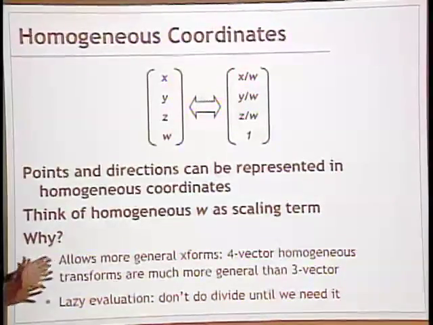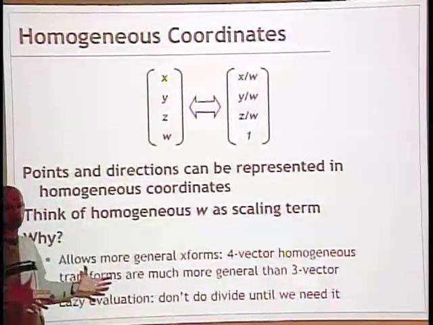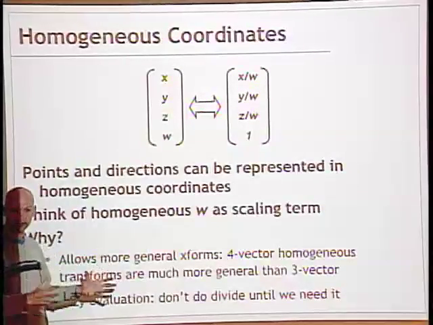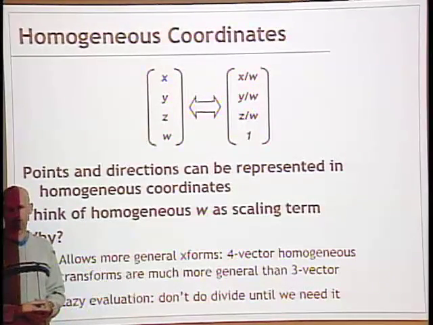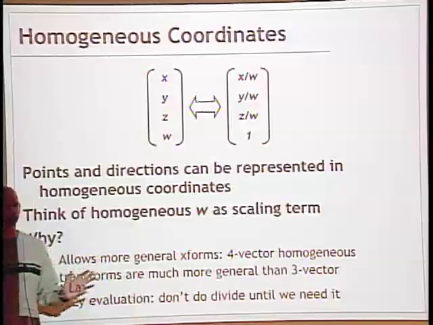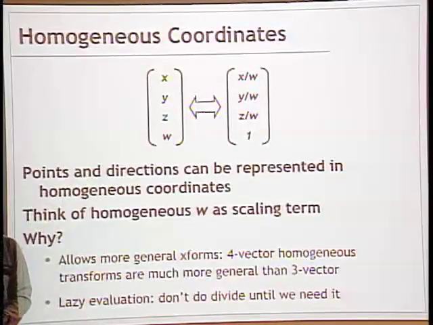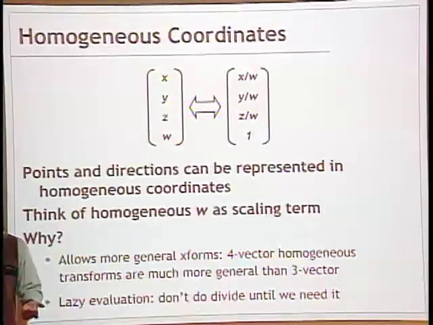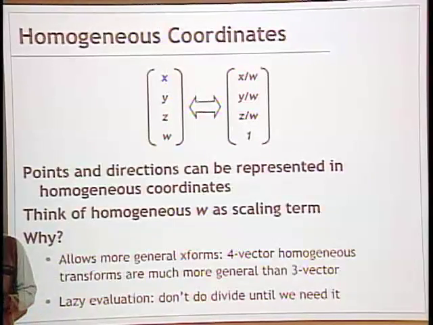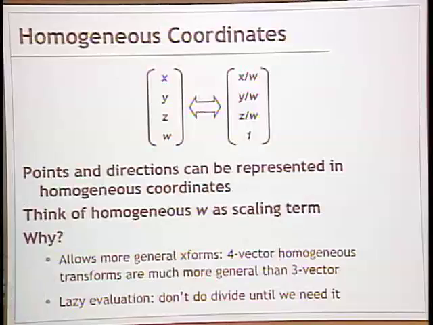If you do a whole bunch of processing at the front and you decide you don't need the vertex anymore, you can throw it away and you haven't had to do the divide yet, so you've saved yourself a divide. Any sort of vertex processing, you could do the divide up front if you wanted to. It's just you might be throwing out the vertex later on, and then you spent that divide for nothing. So we're being lazy. We don't want to do any computation that we don't have to.